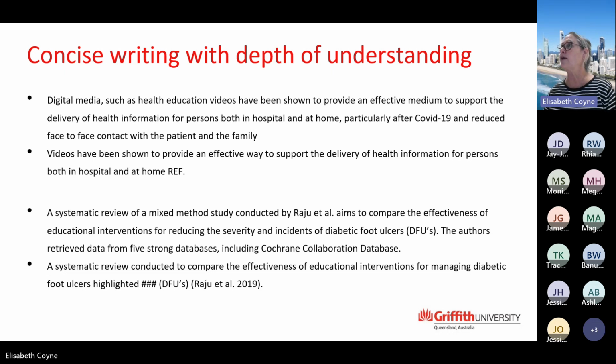Does that diagram make sense to you in Figure 1, the concurrent embedded mixed method? They did the quantitative and the qualitative at the same time, and then they put them together for the analysis. Does that make sense to you?